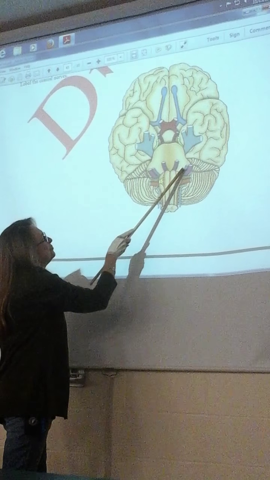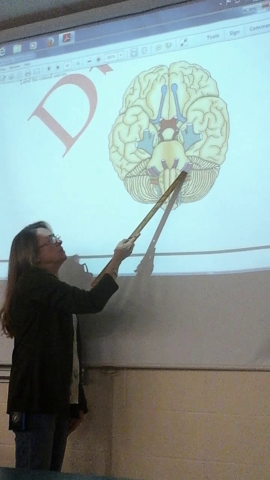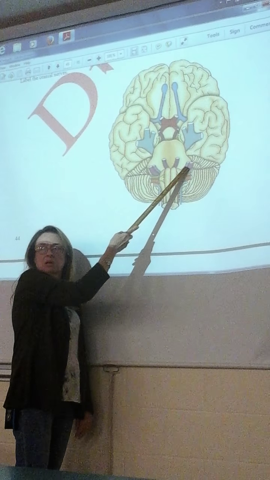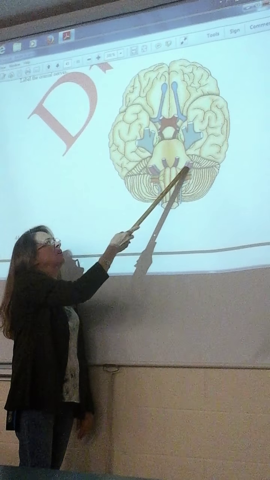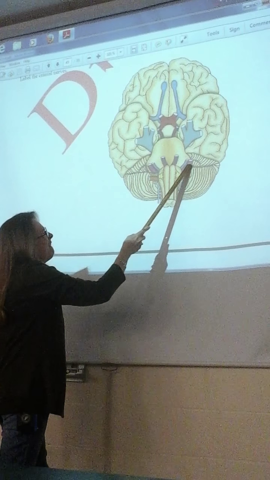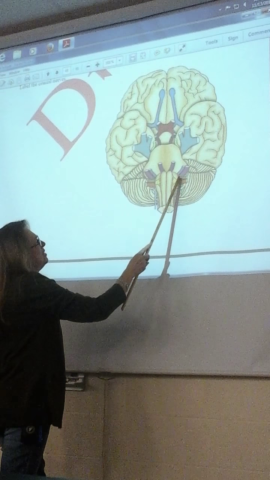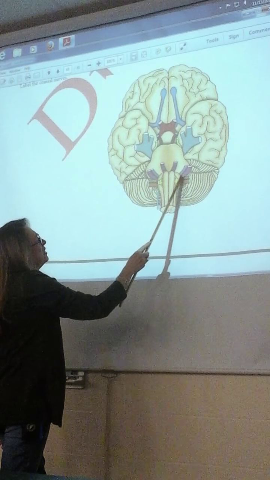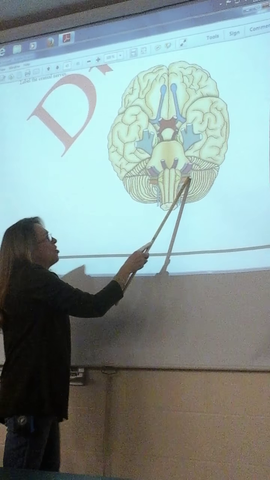That's 7. 8 is this magenta color here. Everybody know what magenta is? Pink, purple. 9 is the green one that's going laterally. 10 is the orange one.